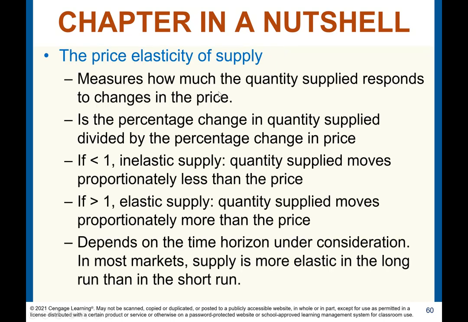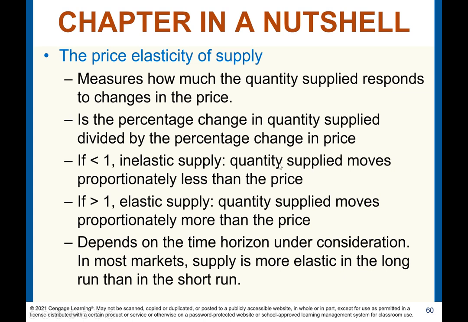The price elasticity of supply measures how much the quantity supplied responds to changes in the price. It is the percentage change in quantity supplied divided by the percentage change in price. If elasticity is less than 1, supply is inelastic.